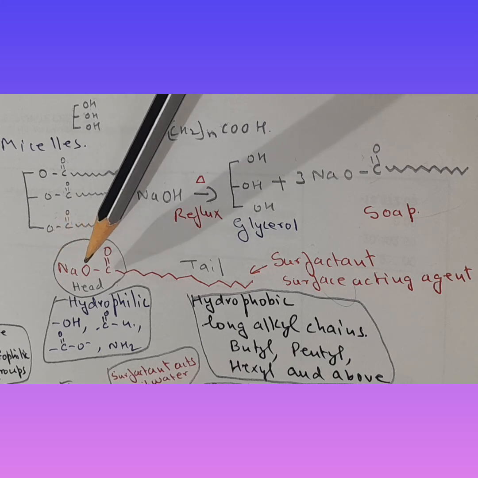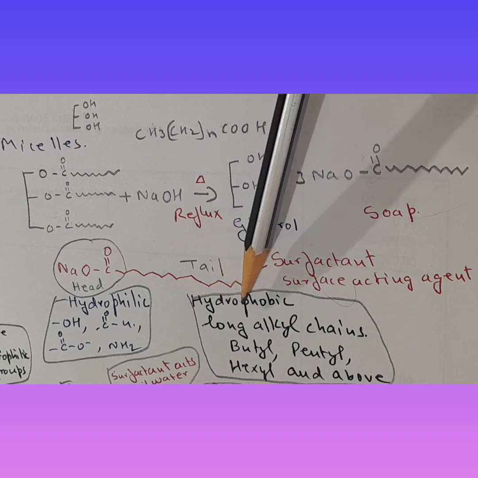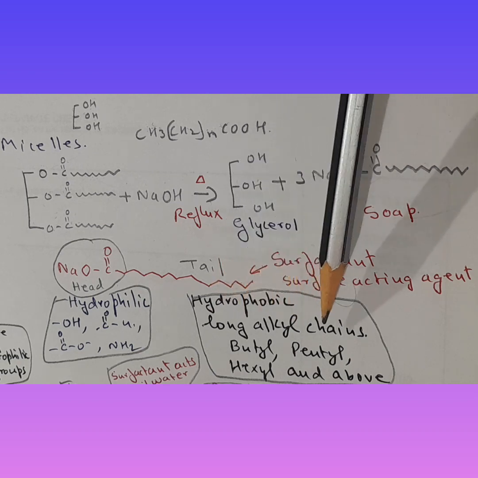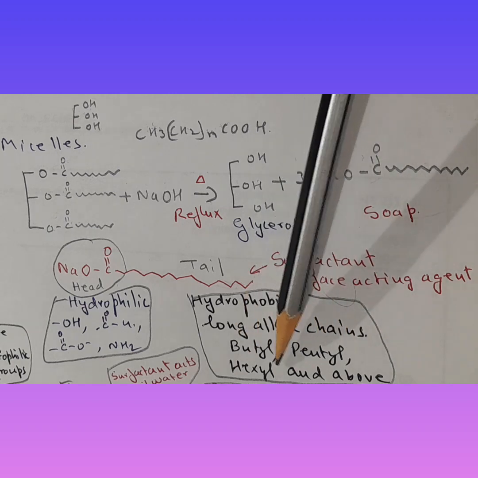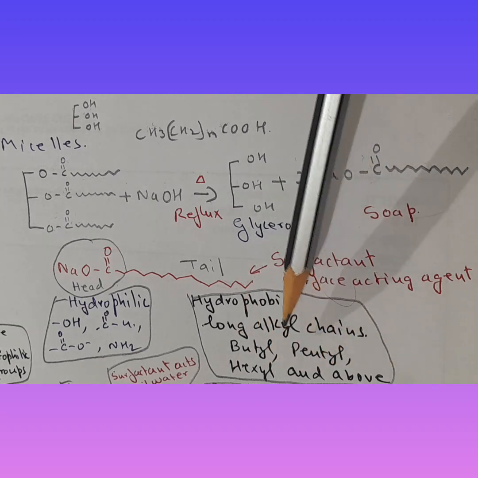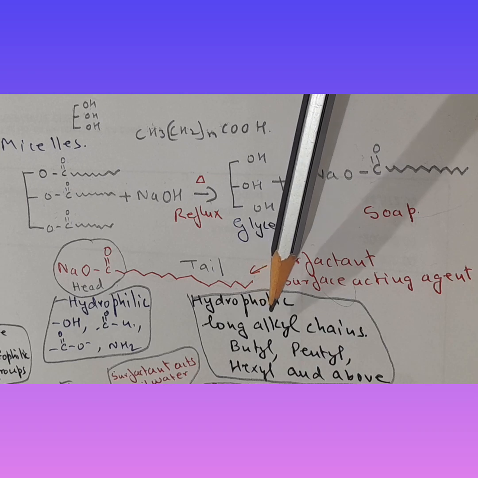For lipophilic or hydrophobic character, we need long alkyl chains: butyl, pentyl, hexyl and above. The bigger it is, the better hydrophobic and lipophilic it would be.